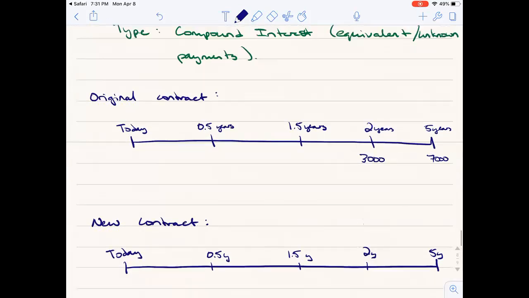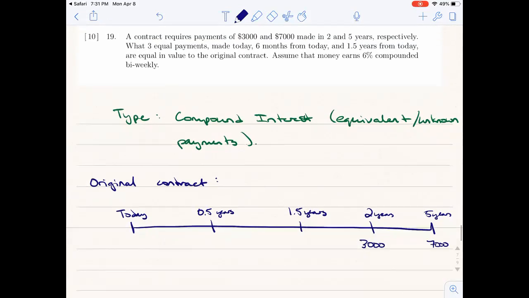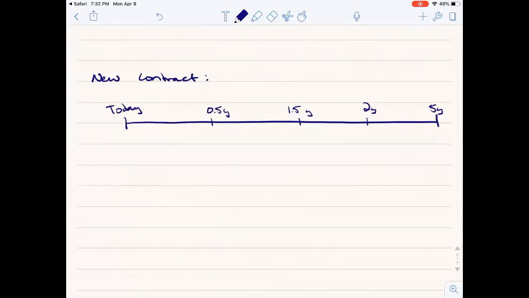But now the new contract says, okay, what 3 equal payments, right? So if they're unknown payments, we just denote them with X. And we've seen scenarios where the first payment is an unknown payment, and then the second payment is twice the first payment and things like that. That could be as well. But in this case, we've just got 3 equal payments made today, a half a year, and 1.5 years from today. Okay.